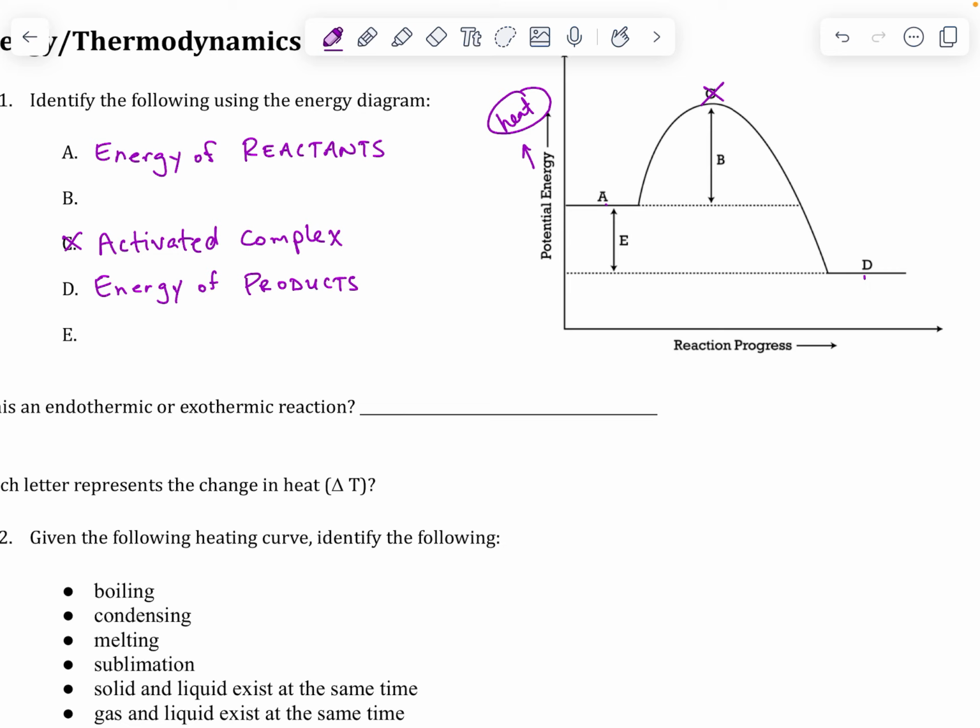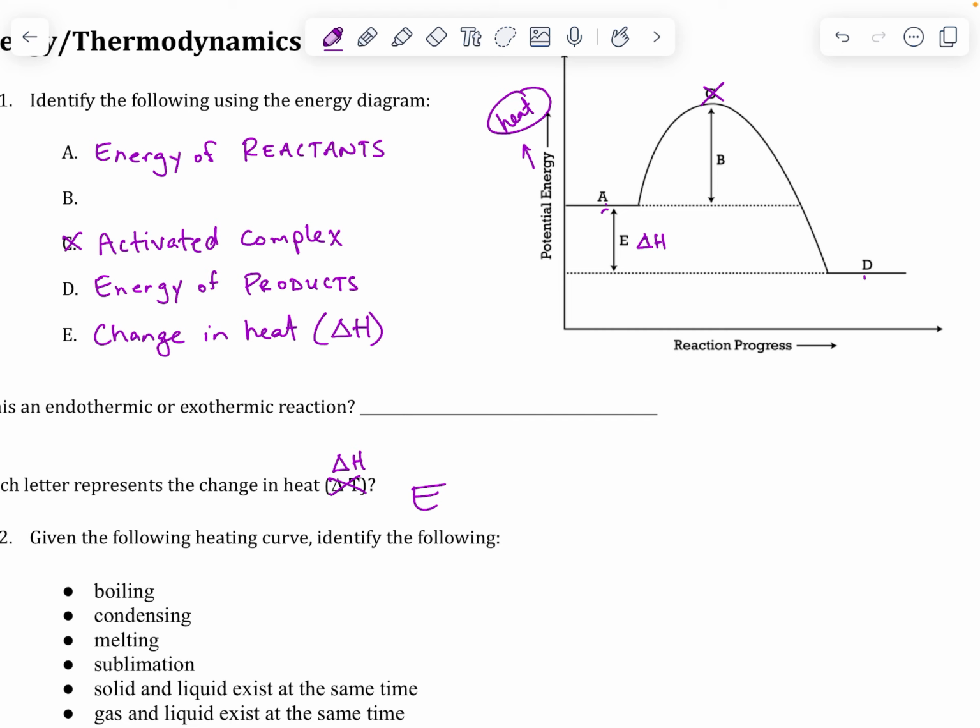And what this tells us is that from start to finish, there is a change in that heat energy. So this is change in heat, and we label that as delta H, right? Change in heat, delta H. And that's why this down here should actually be delta H as well. Which letter? That's E.